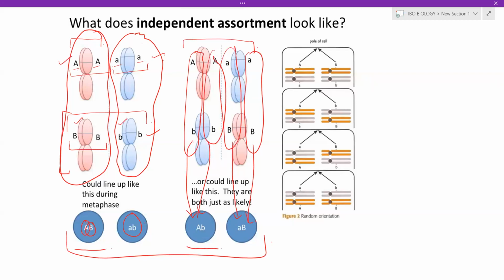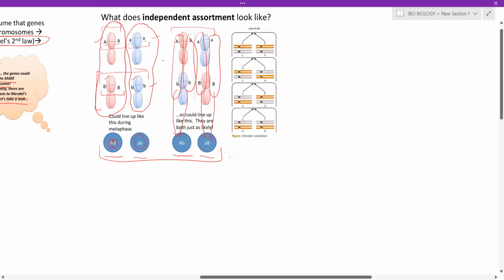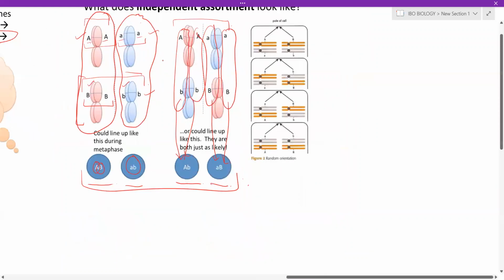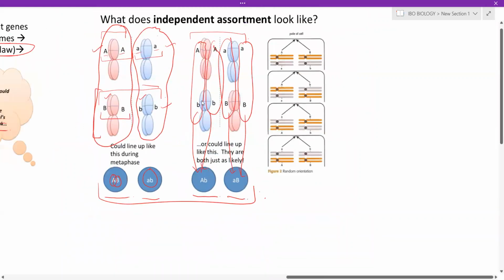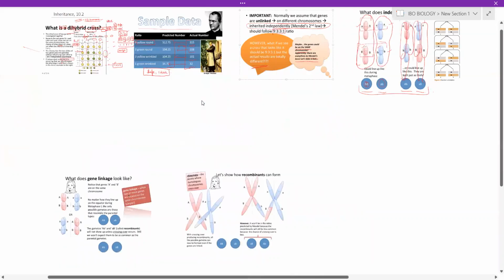This is independent assortment. With a small a as well, you can have a small b or a capital B. This is totally by chance, based on probability. That's what independent assortment looks like, because the orientation is random. You can have all sorts.